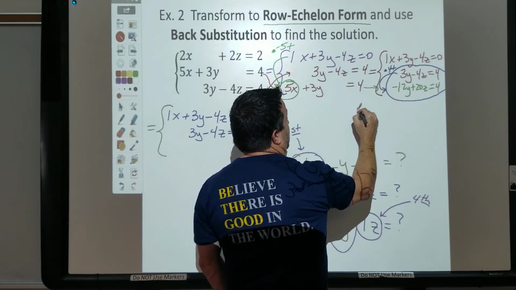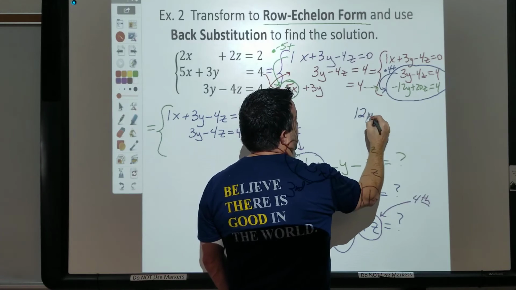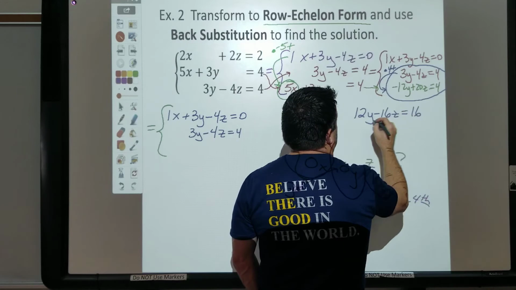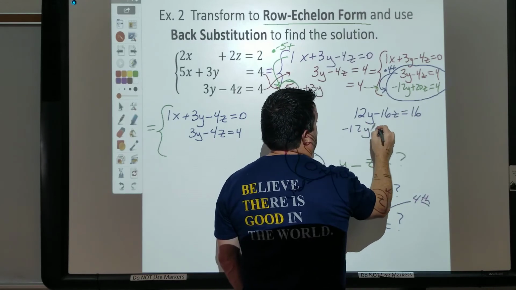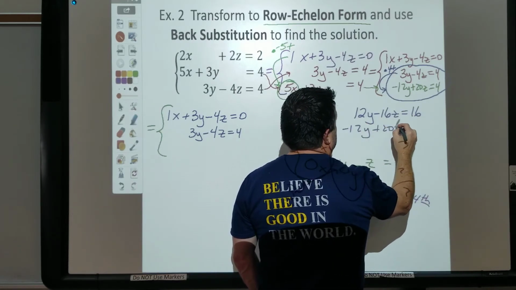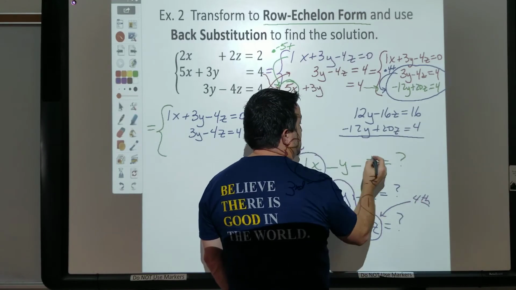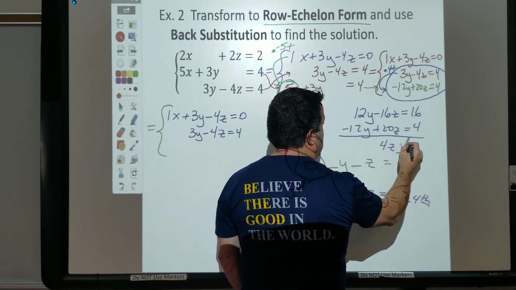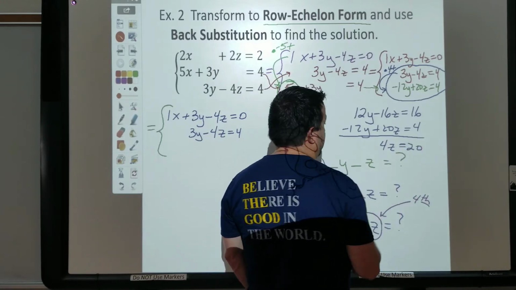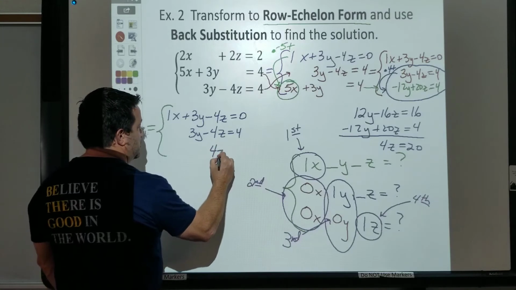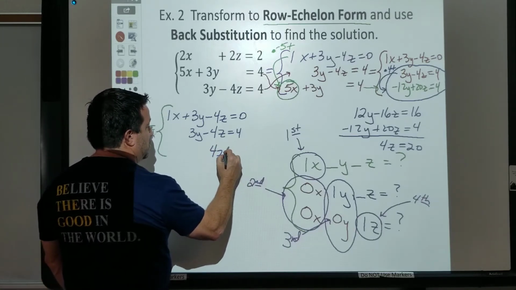So I'm going to do that over here since I have a little bit of room. 12y minus 16z equals 16. And then this one is negative 12y plus 20z equals 4. When I add those together, I get 4z equals 20. So that is my new equation here. 4z equals 20.